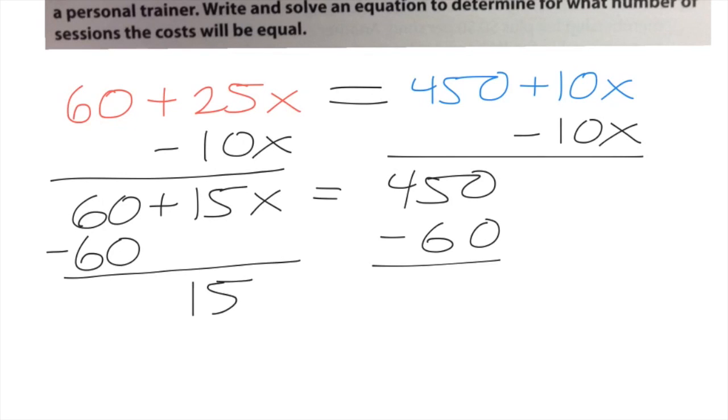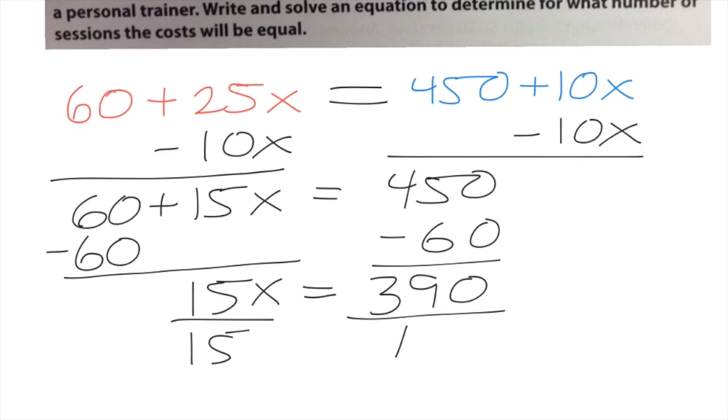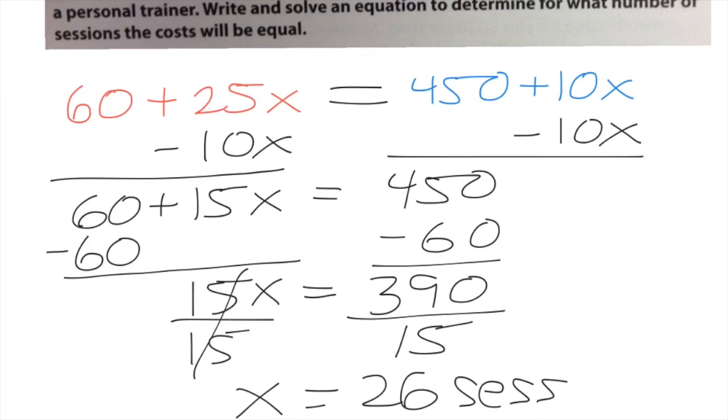So I get 15x equals 390. Divide by 15. And I get x equals 390 divided by 15 is 26. So my answer is 26 sessions.